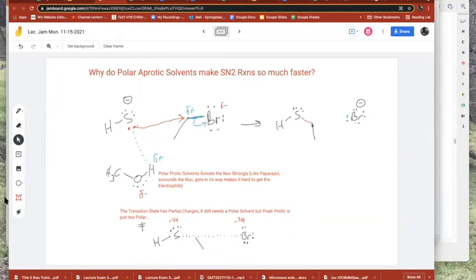But if the solvent is too attracted to the nucleophile, it can't quite get all the way in and do the thing. So it turns out that the polar aprotic seems to be just the right amount of polar.